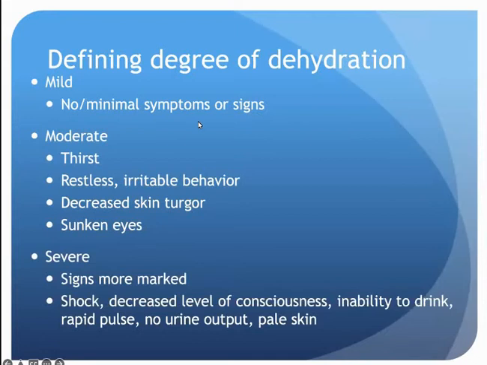We want to define the degree of hydration, either it's mild, with minimal symptoms or signs. Moderate symptoms are thirst, irritability, restlessness, decreased skin turgor, I'm going to show you that, sunken eyes, and then severe signs are all of those more marked, but also a decreased level of consciousness, an inability to drink, rapid pulse, so you've got tachycardia, decreased urine output because they are conserving water as much as possible, and pale skin.